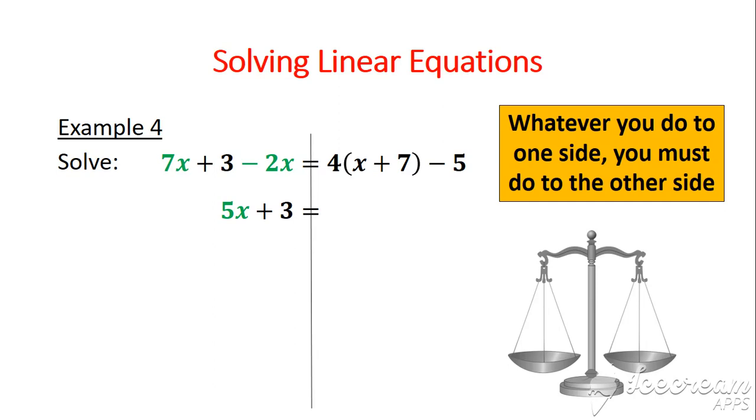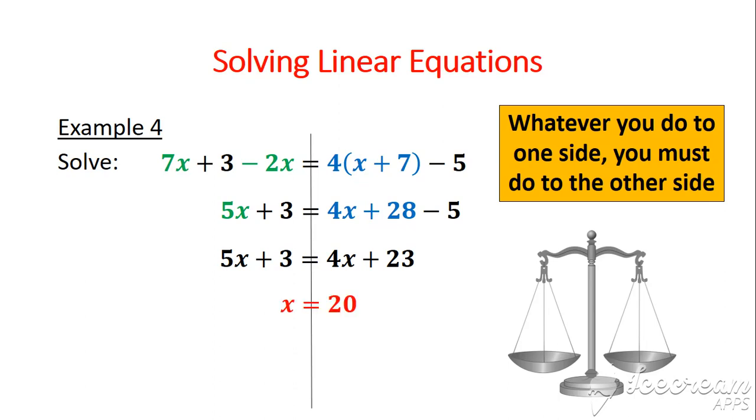And on the right-hand side, we're going to expand out the brackets to get 4x plus 28, and then we're going to take away the 5 to simplify it down to 4x plus 23. Now again, I'm not going to finish off because this is exactly the same as example 2, and you can practice this from here. Pause the video if you need to and get x is equal to 20.